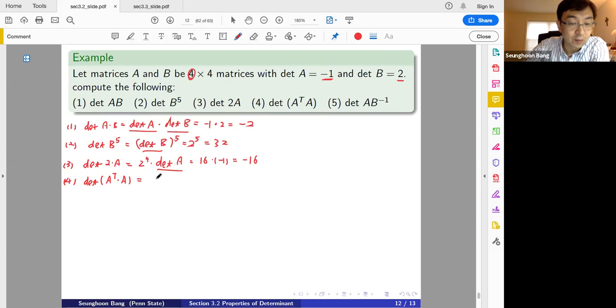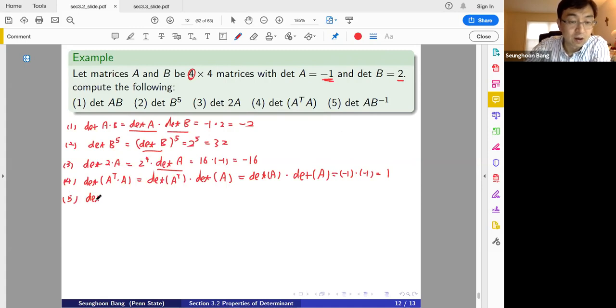You can distribute: the determinant of the transpose of A times the determinant of A. You can use the first property: the determinant of the transpose of A is exactly the same as the determinant of A. The same, times the second one, the determinant of A. The determinant of A is -1, so we have -1 times -1. We have 1.